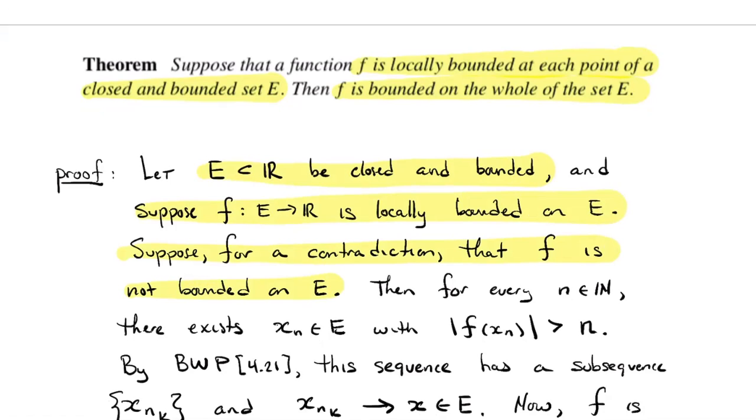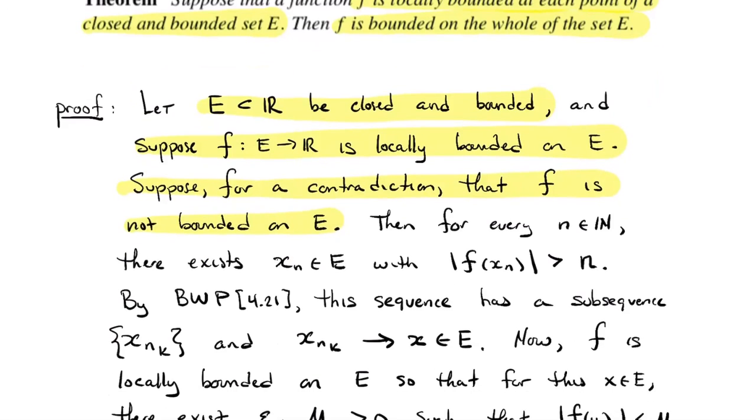All right. And then what am I going to end up contradicting? I'm going to kind of contradict the Bolzano-Weierstrass property, or rather a sort of a consequence of it. Okay, so if my function isn't bounded, then for every natural number, I should be able to find some domain element, I'm calling it x sub n because it depends on the natural number, whose absolute value of the function value is bigger than n.